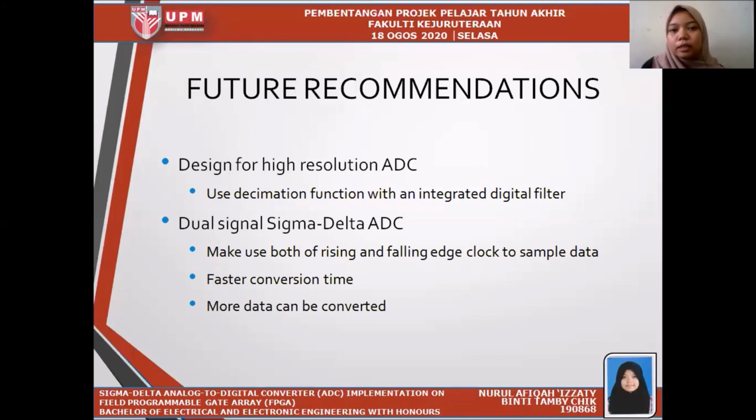But for this experiment, I only used uniform decimation. If we make a dual signal Sigma Delta ADC, we can use both rising and falling edges to sample data, and the faster the conversion time, the more data we can convert.